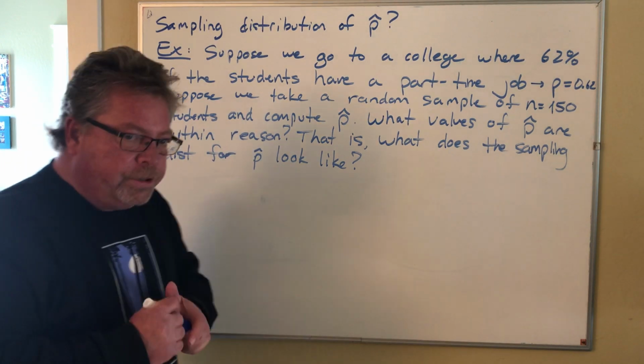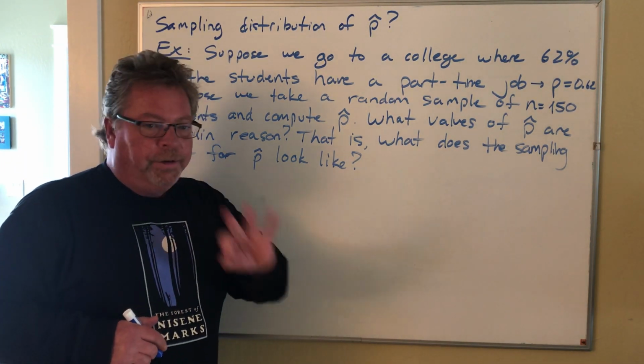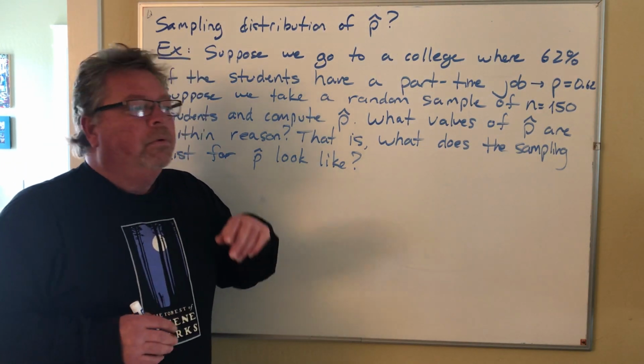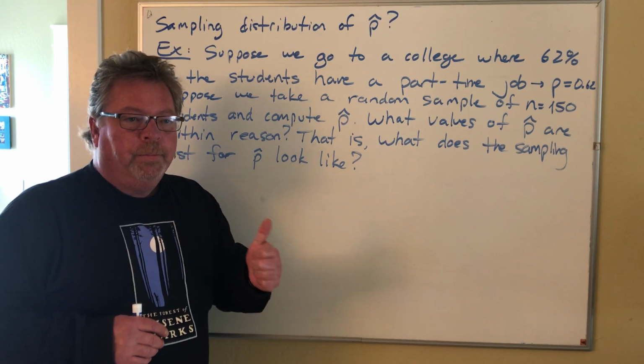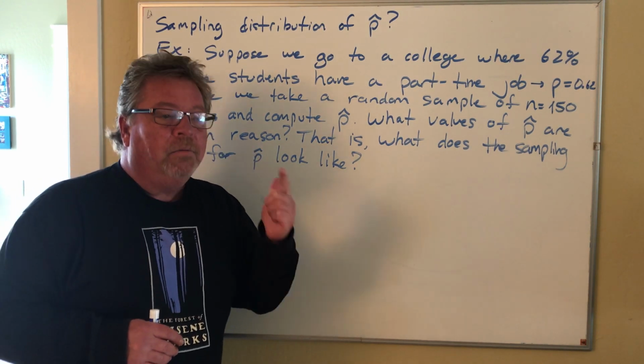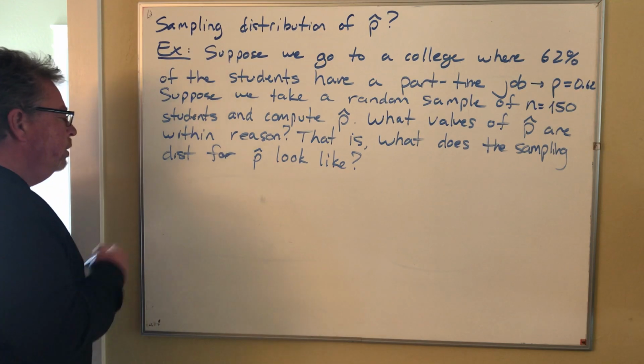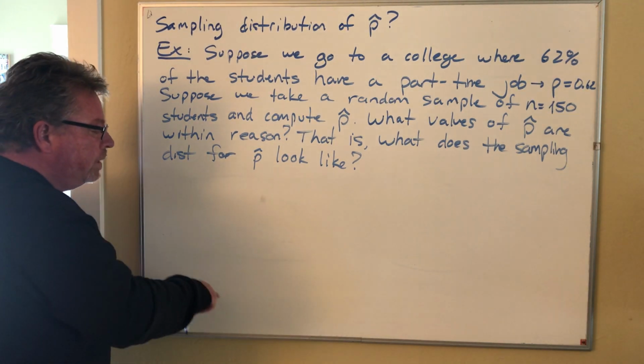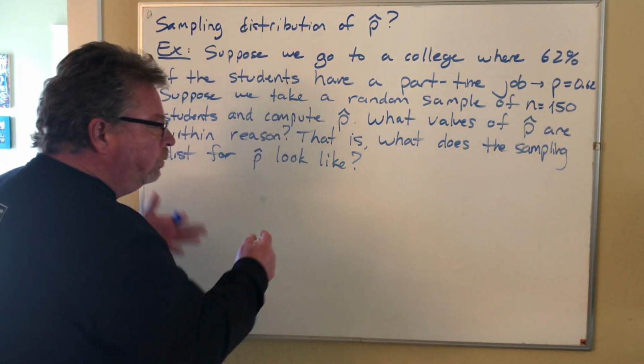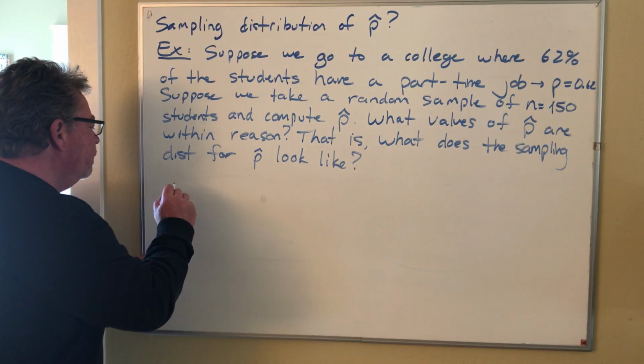And to answer this question, we're going to have to address those three issues. First, will it be a normal distribution? What will be the mean? What will be the standard deviation? I'm just going to do this as a lettered list here, then I'm going to erase this, and we'll look at the details in a moment.